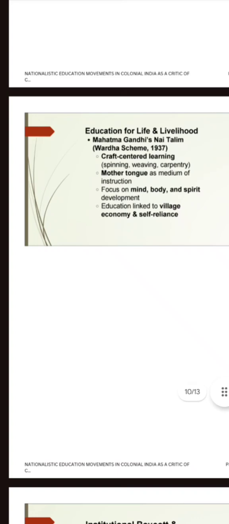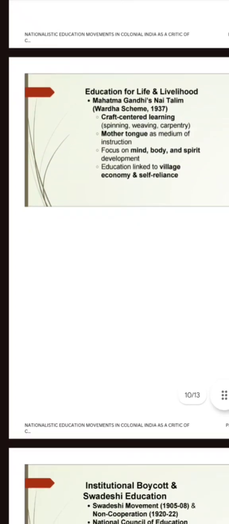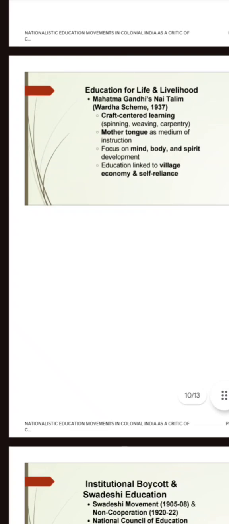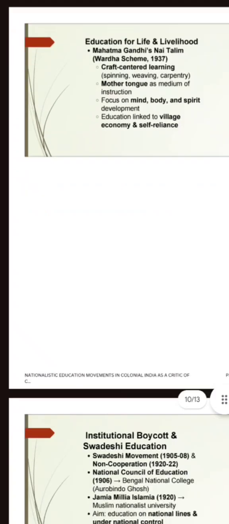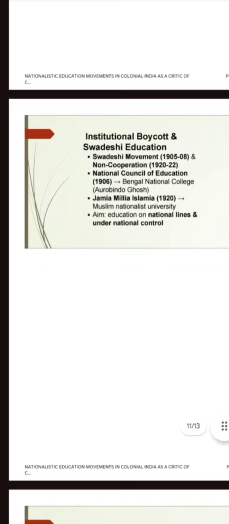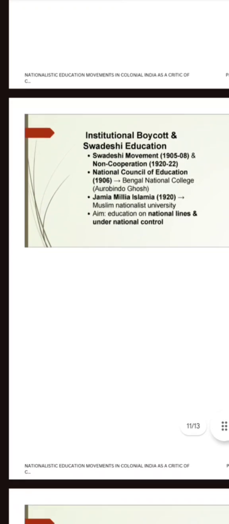Gandhi's educational philosophy rejected the colonial model. He wanted children to learn by doing, spinning, weaving, farming, linking education with self reliance. This system combined intellectual, moral, and physical training and aimed to rebuild rural India from within.